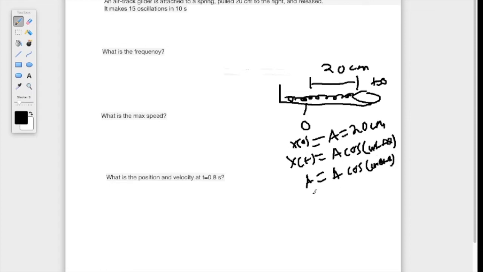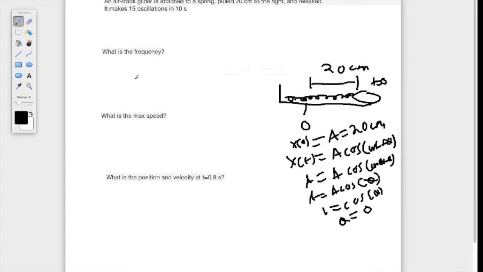So you get A equals A cosine of phi. So you get 1 equals cosine phi. Phi is just 0. So we don't worry about a phase constant. But we do know that this is the amplitude.